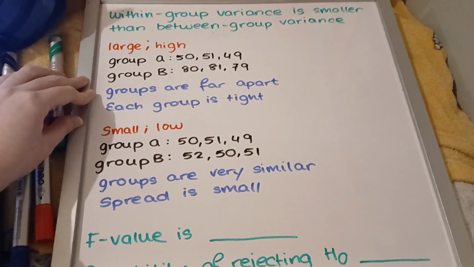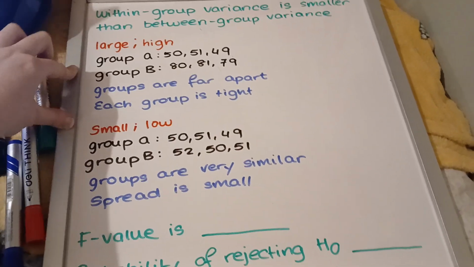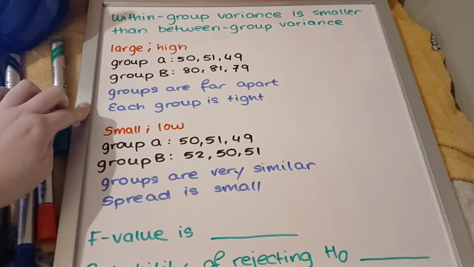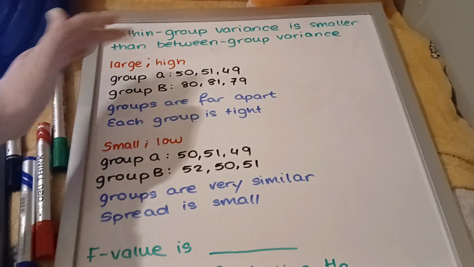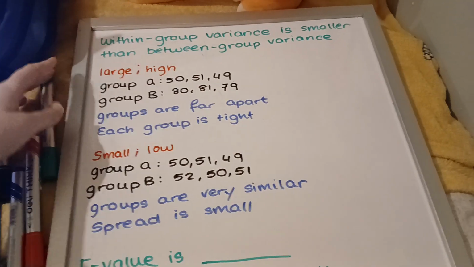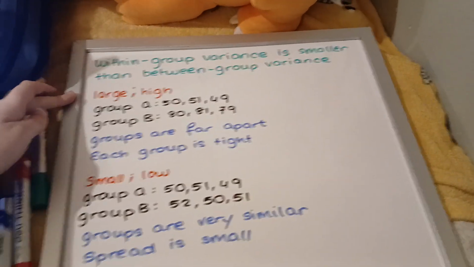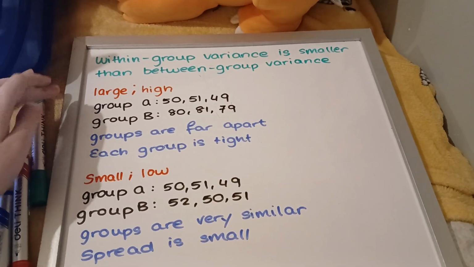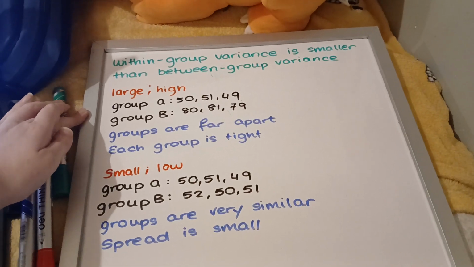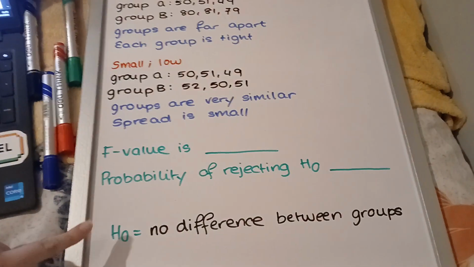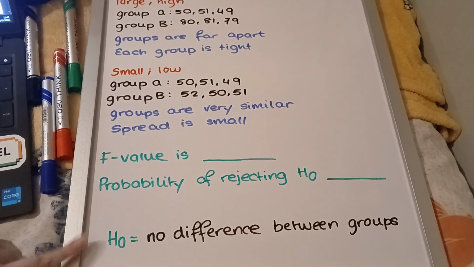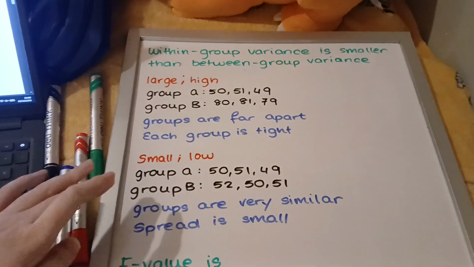As you can see, the groups are far apart, like 50 is far away from 80, but within each group, the individuals are quite close together, like 50 is close to 51, 80 close to 81, and so on. So in this instance, the F value is large and the probability of rejecting the null hypothesis is high, because there is clearly a difference between the groups. We are rejecting the null hypothesis that says there's no difference between the groups.